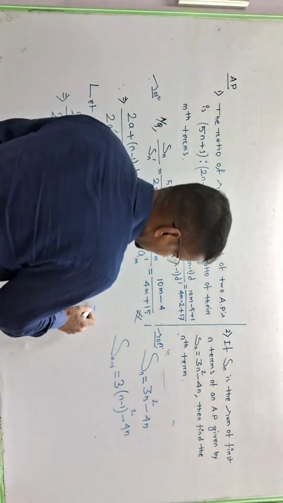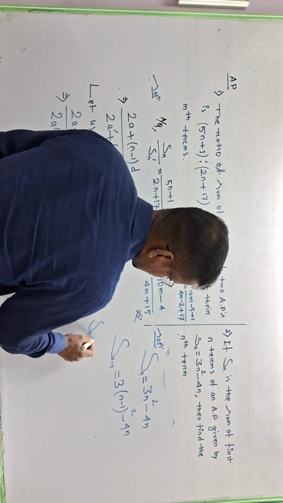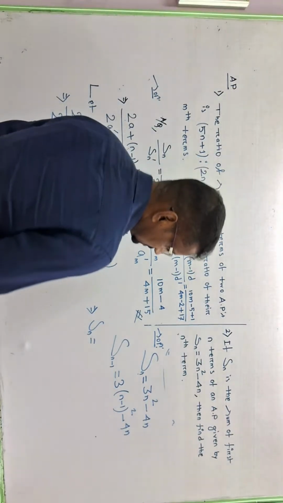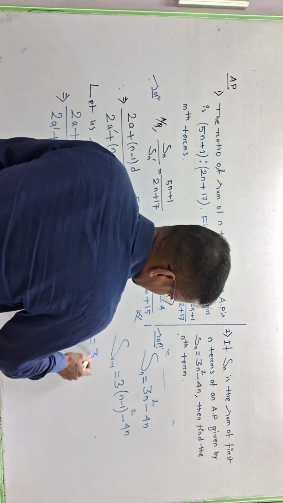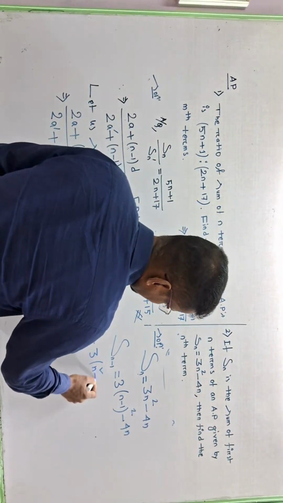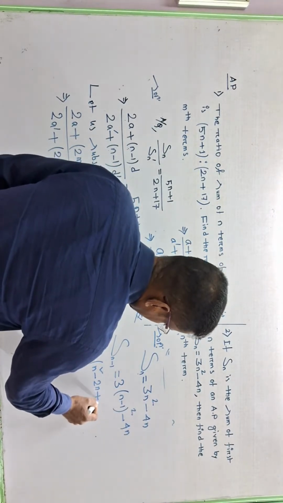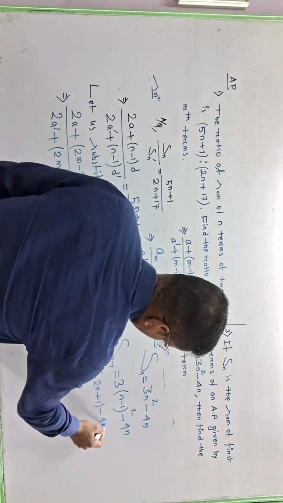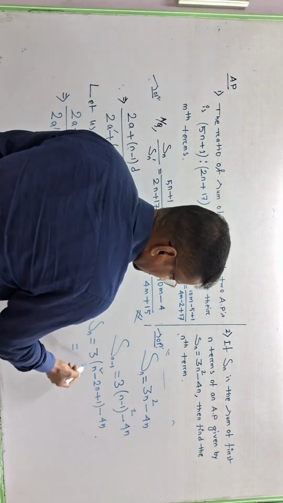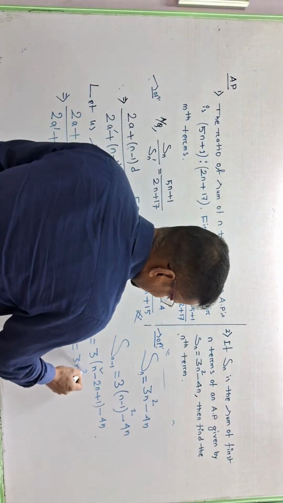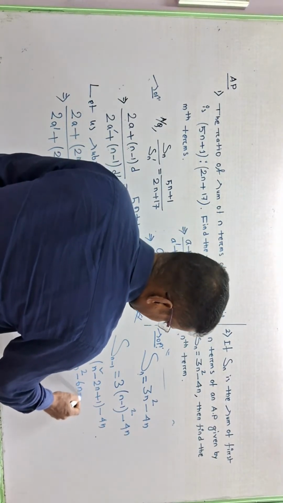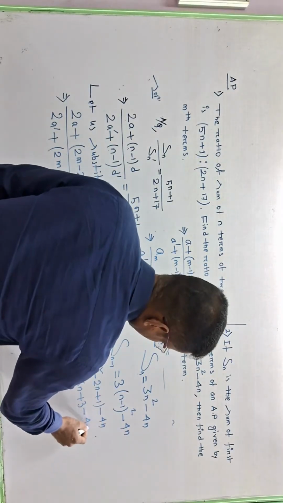Then what you will get, 3 into (n square minus 2n plus 1) minus 4n. Simplify this: 3n square minus 6n plus 3 minus 4n.